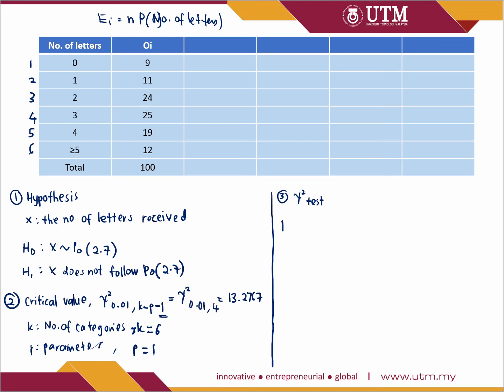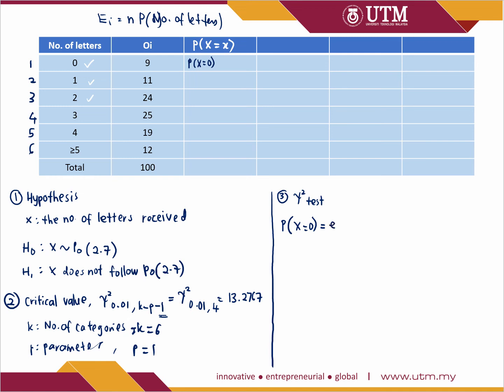Let's write down the probability of X equals x, where small x is 0, 1, 2, 3 up until greater than or equal to 5. I first write down the probability of X equals 0. Since this uses the Poisson distribution, we can just use the formula for the Poisson.